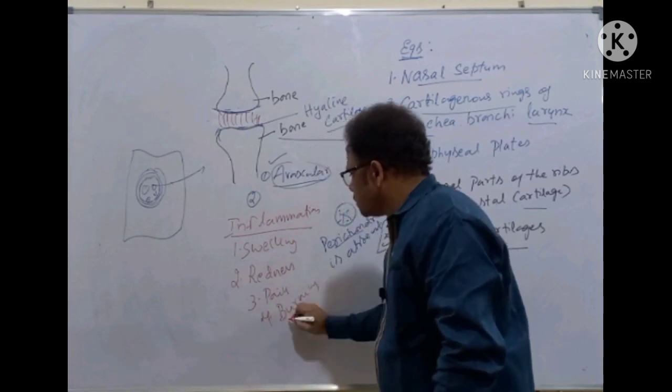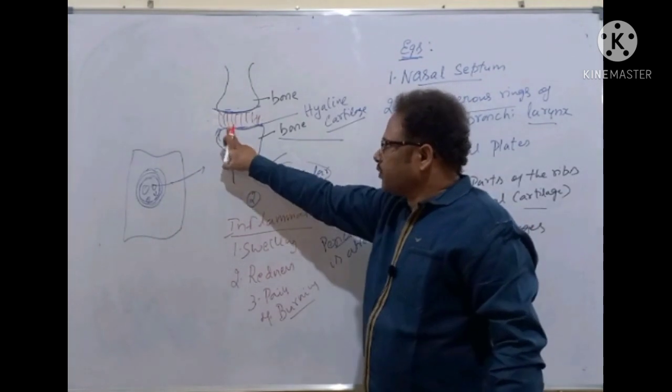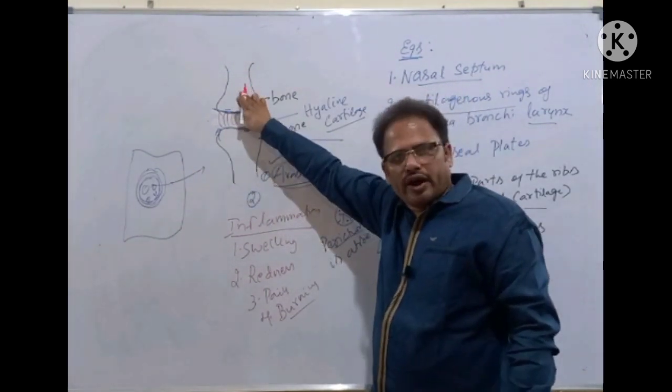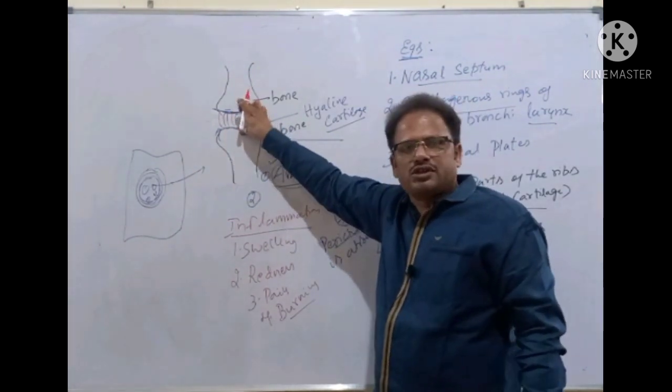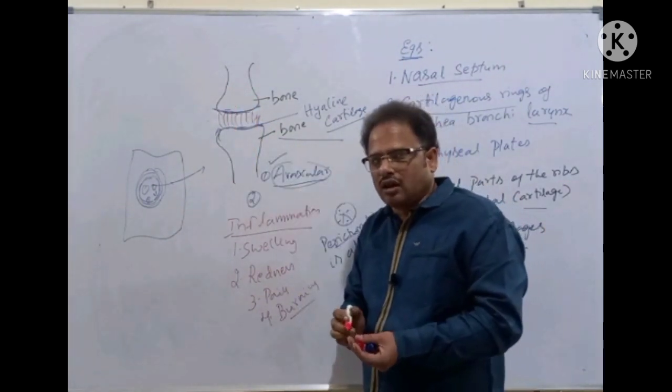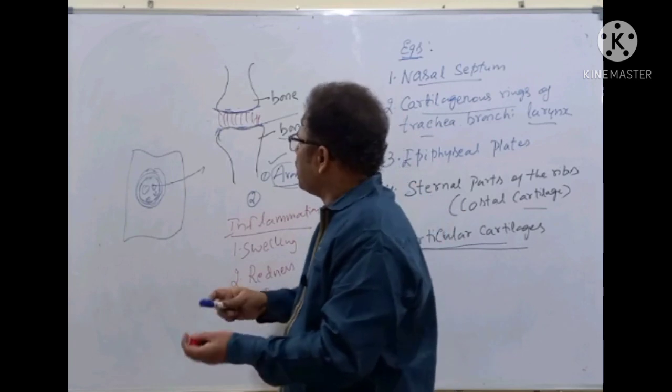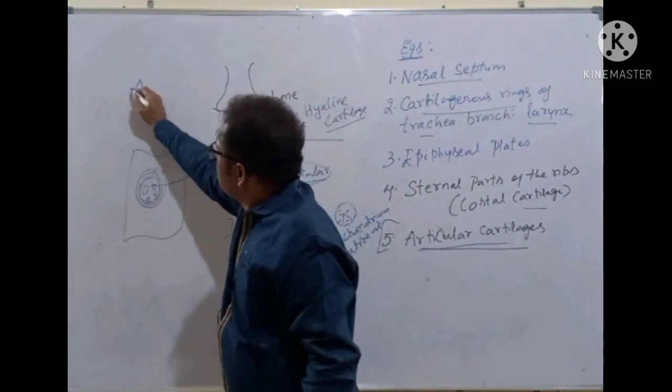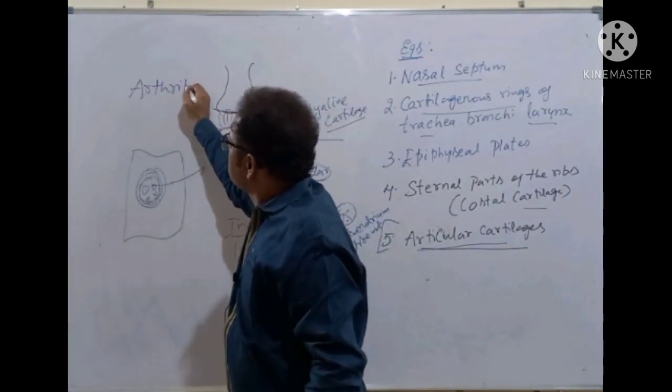That is called inflammation. This is a joint now. The inflammation of this joint because of the injured cartilage is called which one? Arthritis.